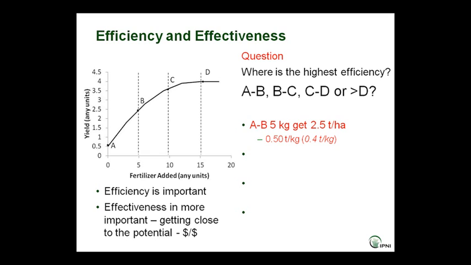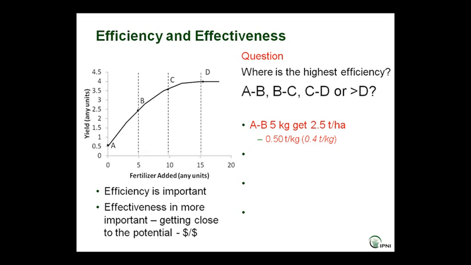Okay, when we talk about efficiency, what we're talking about is what you get for what you give. And in that first part, you're getting 2.5 tonnes for 5 units of whatever it is, and that's half a tonne per kilogram. Now, if you said, well, that's cheating a bit because you're not going from 0, you've only got 2, so that's 4 tonnes per kilogram.